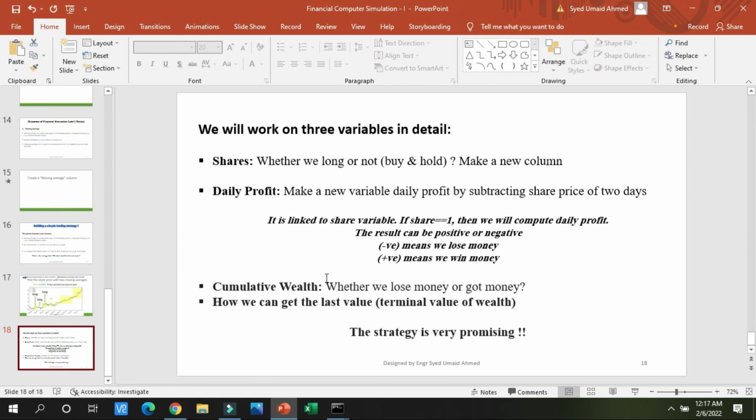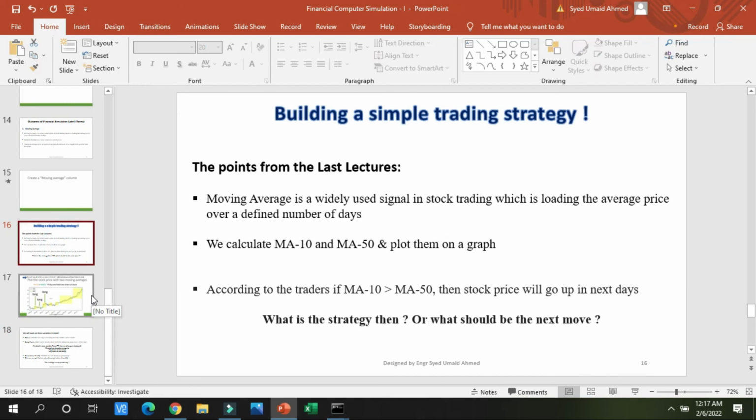So this is the simple trading strategy we have made using Python. We have calculated the shares variable. Let me repeat all the things. First of all, in the last lecture we have calculated two financial indicators, that is the moving average 10, the moving average over 10 days, and the moving average of 40.